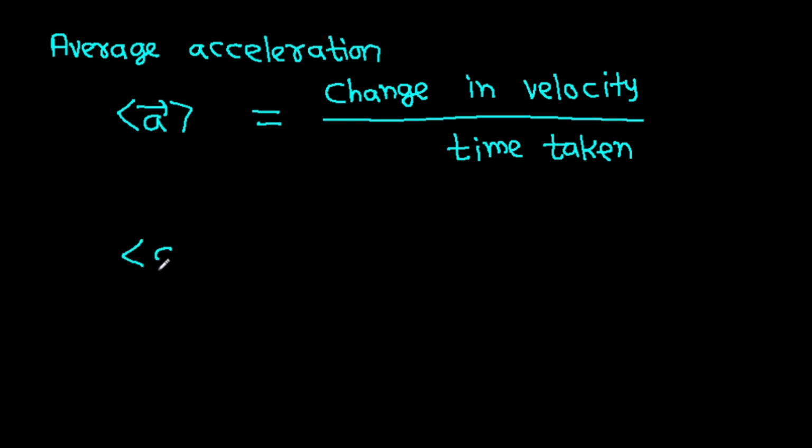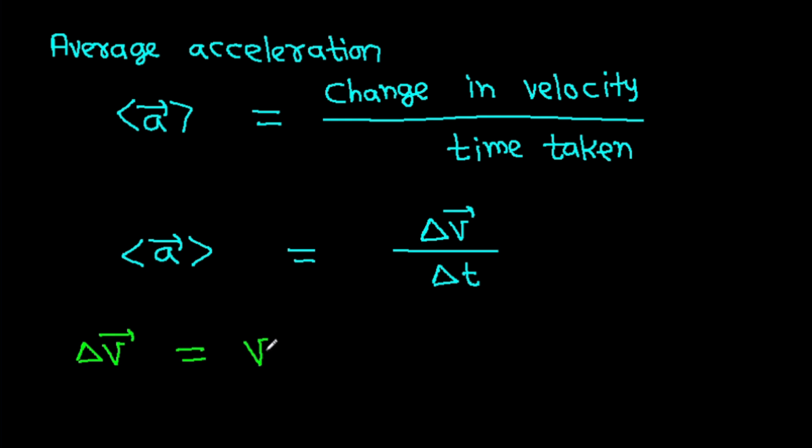So average acceleration is delta v divided by delta t, and delta v is final velocity minus initial velocity.